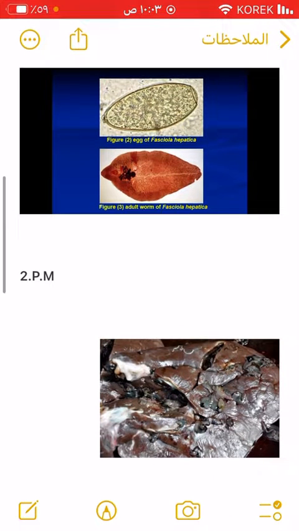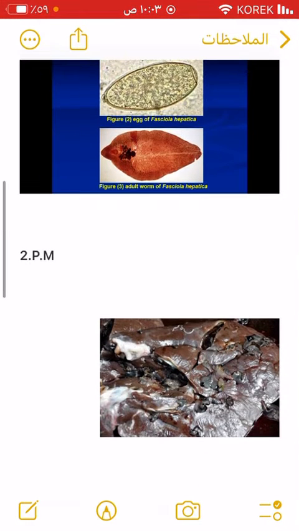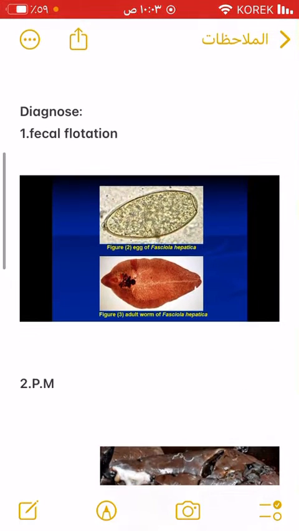If you see, for example, some bloody substances, it's better to take the substance that looks abnormal. You put it on the saline on the slide, make a suspension, and put the cover slip. I recommend leaving it for about 5 to 10 minutes to see the eggs more easily.